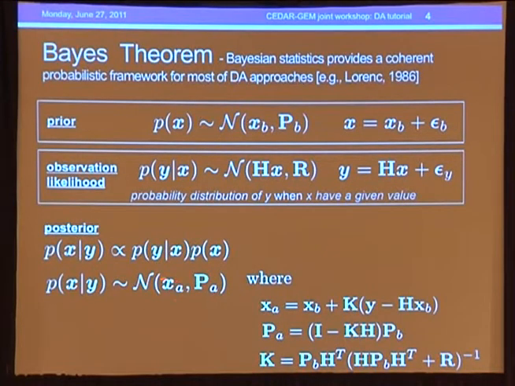The mean of this Gaussian distribution is x_a, the Kalman update equation. If you remember, Rutger's slide had exactly the same equations, and I think the same notation. The covariance expression is also given here, and the Kalman gain is given by these expressions.